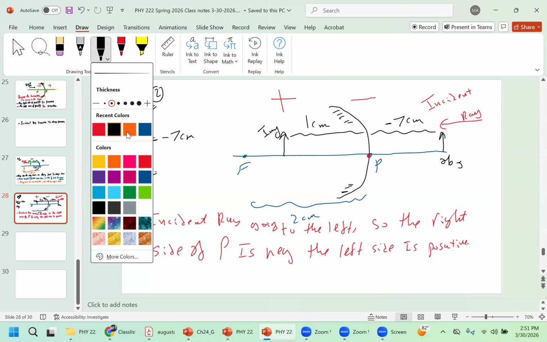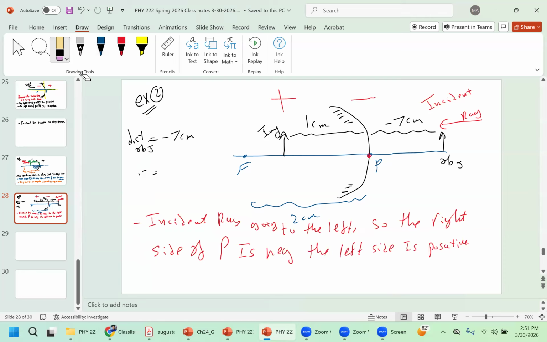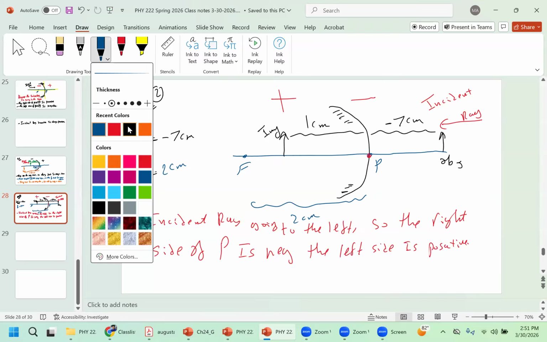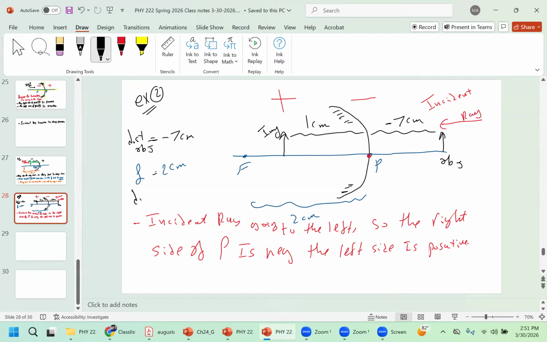So my focal length is going to still be 2 centimeters because it's on the positive side. And my distance of the image, in this case, sorry, not minus, it's on the positive side, so it's 1 centimeter.